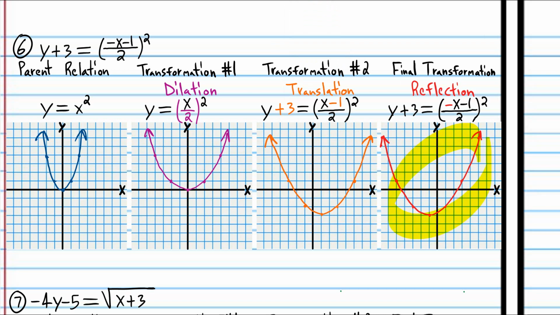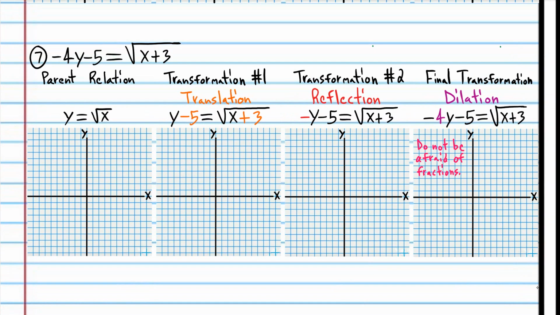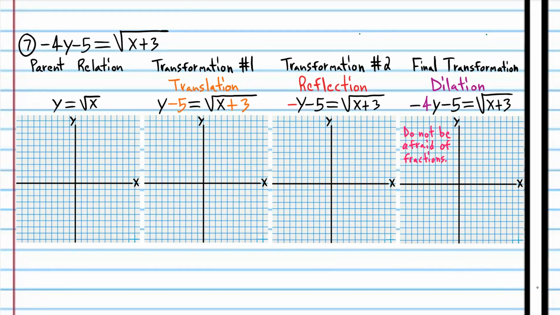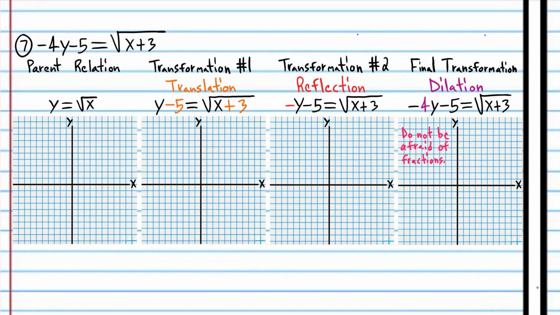That's the final answer there in red. Okay, so let's go on to the next problem. Be aware that you're going to need maybe one more point than we have on our relation in the library. So go ahead and graph number 7. Our window's a little bigger. When you come back, we'll do it together.